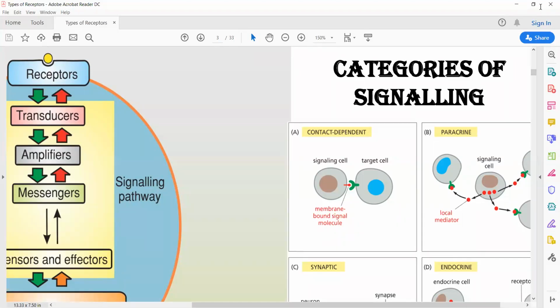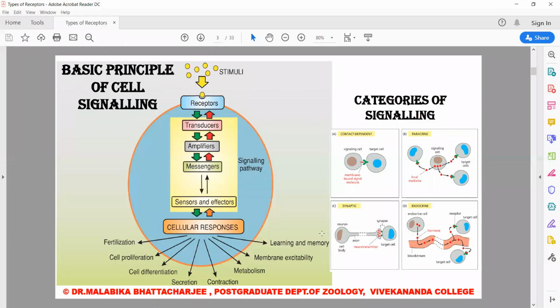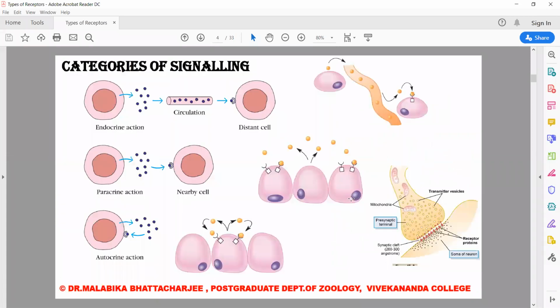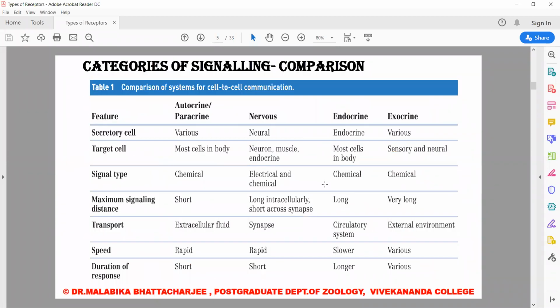Now we'll gradually move on to the stimuli of signaling. So we have dealt with the four categories of signaling. Now let me give you a very brief overview about the differences in the basic categories. As you can see in this particular table, the nervous system has been given a separate importance, because in case of nervous system, there are a lot of ways how the stimulus moves.